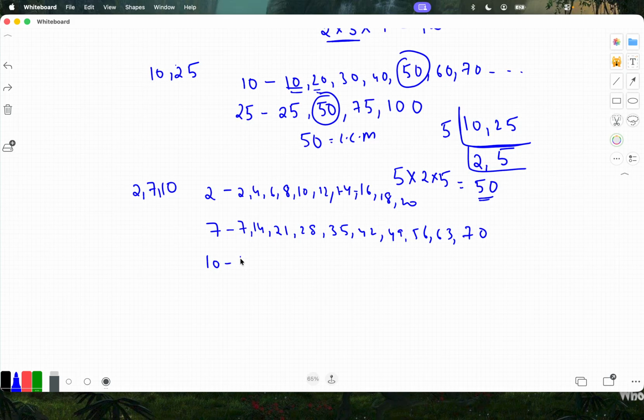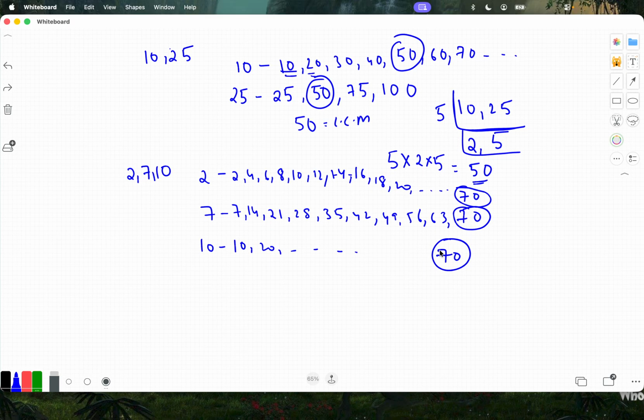Then you have 10, 20. You can write till 70. Here also you can write till 70. 2 into 35, that is 70. So the least common multiple for all of them would be 70.